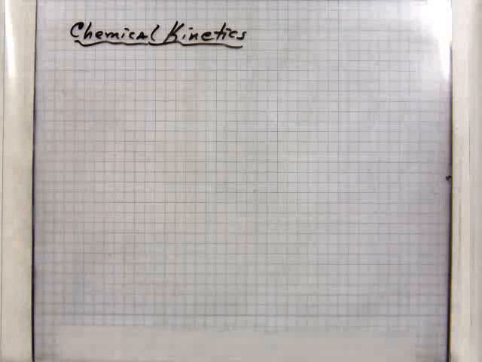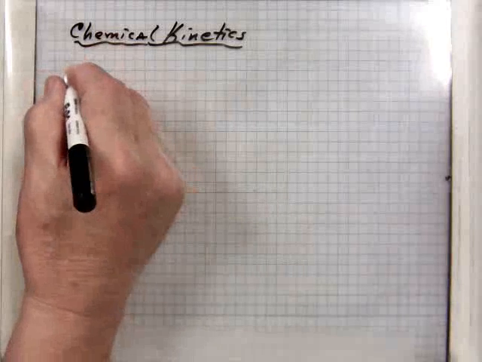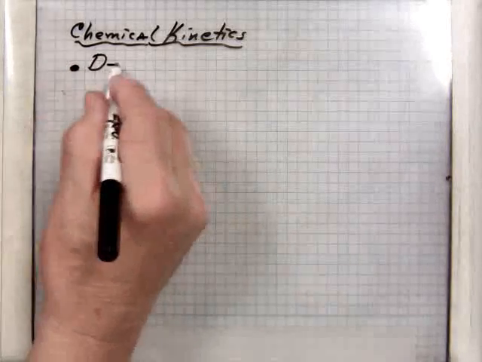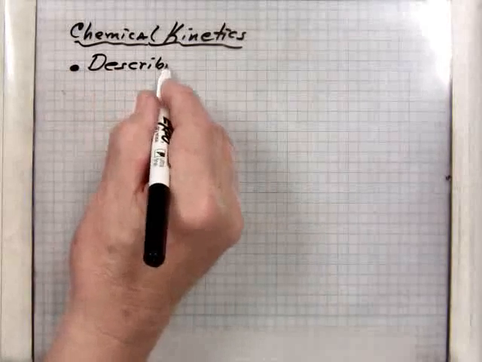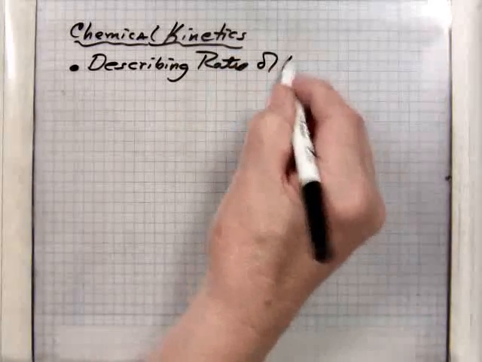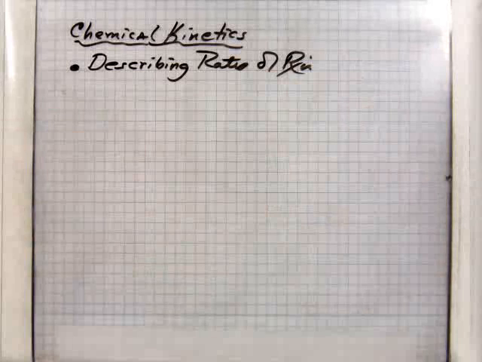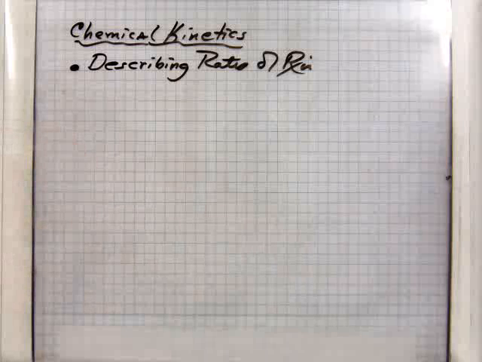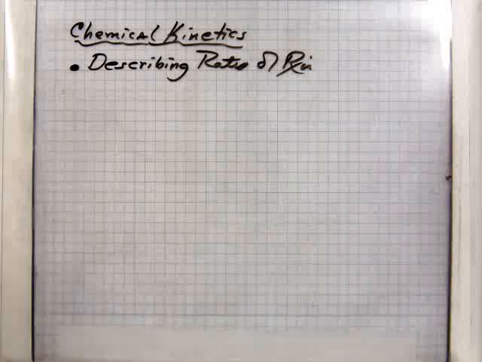How do we measure rates of reaction, or describe the concept of rates of reaction? Of course, in chemistry, we find ourselves applying the idea of the term speed or rate, which means a change in some quantity as a function of time.